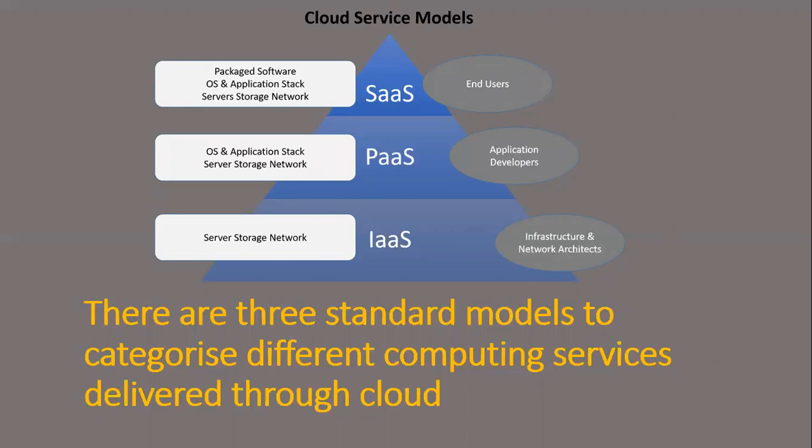Infrastructure as a service is normally used by an infrastructure or a network architect, and they normally utilize a server storage network. These are the three models, and they categorize different computing services which are delivered through cloud.